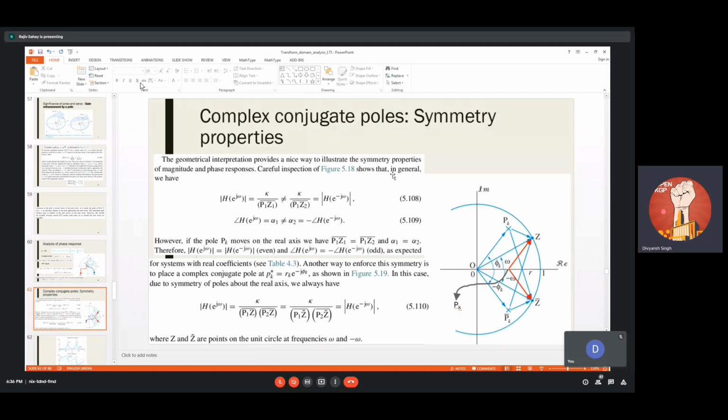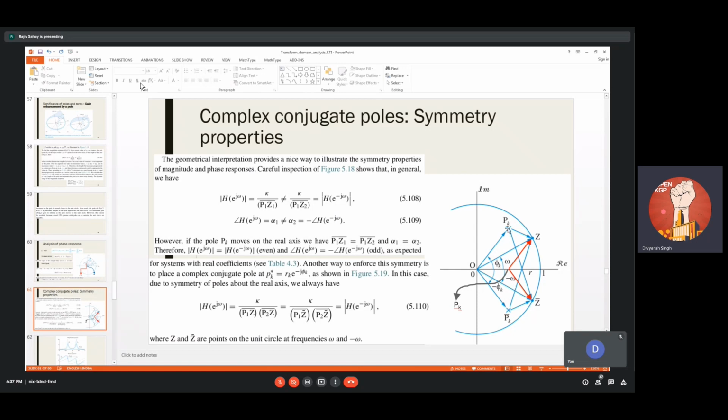So in general, if you look at this diagram, mod of H e^{j omega} is kappa by P1 Z1. You can assume that this is Z1 and this is Z2. Z1 is located at an angle plus omega to the real axis, and Z2 is located at an angle minus omega from the real axis. So you can assume that there is a pole here and there is a pole here. So there are two poles.